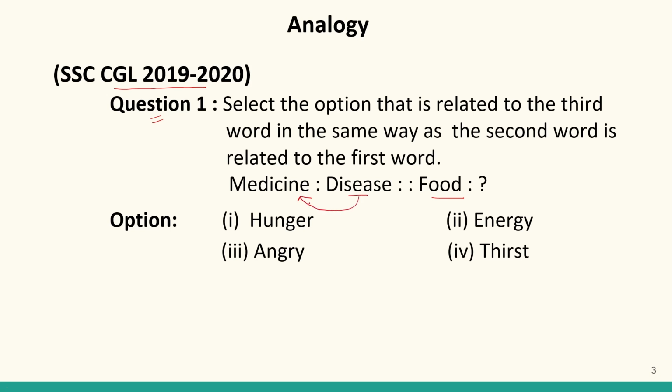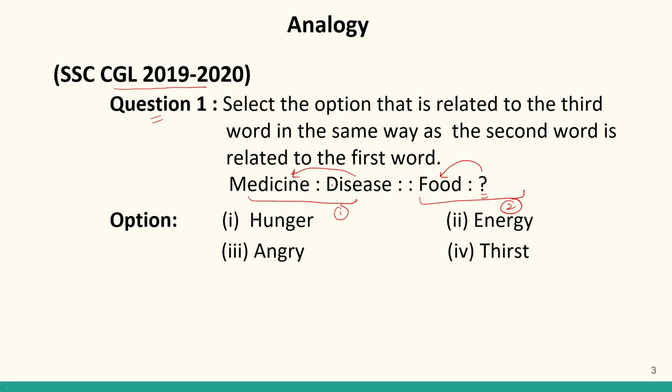So in analogy, I told you that we have pairs, right? So this is the first pair and this is the second pair. So in a certain way, this word is related to this word and we have to find the missing element which is related to this word in the same way. So we solve questions of analogy in 2 steps. First, identifying the relationship between the first pair, and second, using the same relationship in the next pair.